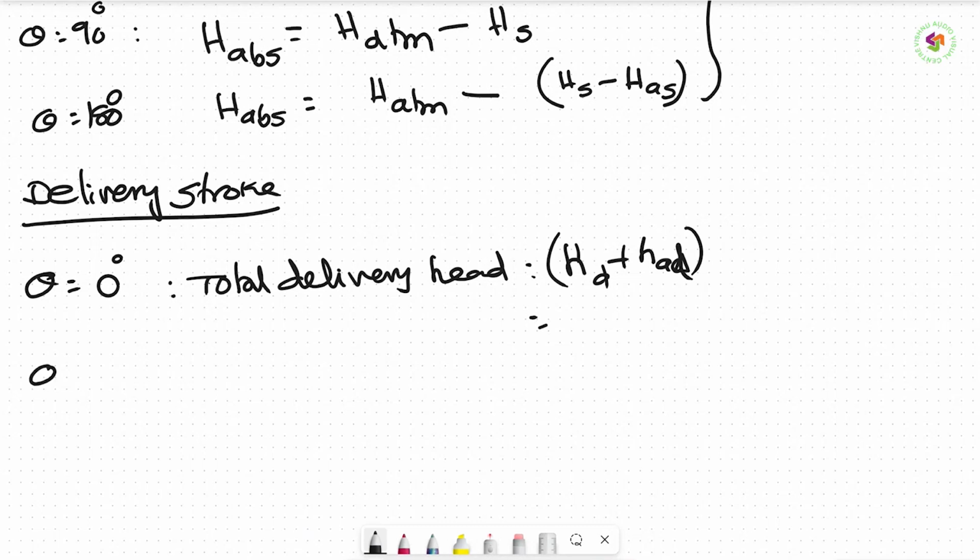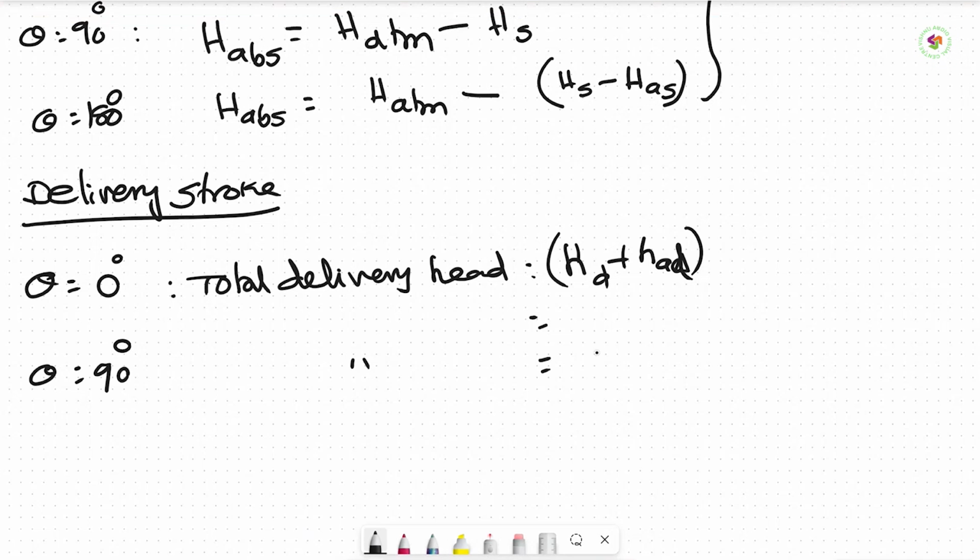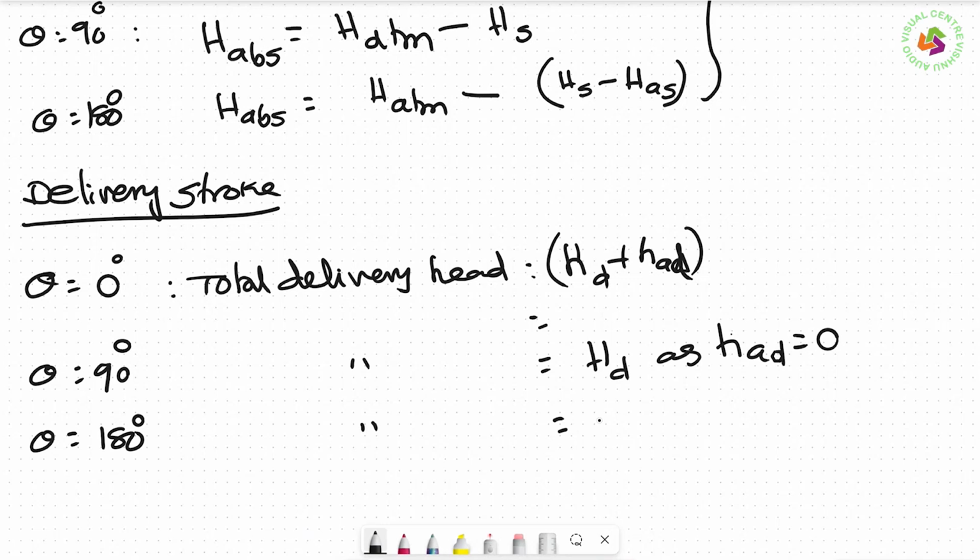Then at theta is equal to 90 degrees, the total delivery head is equal to HD only, as HAD is equal to 0. When theta is equal to 180 degrees, the total delivery head is equal to HD minus HAD.